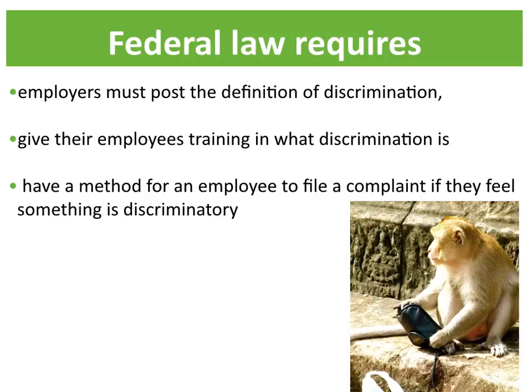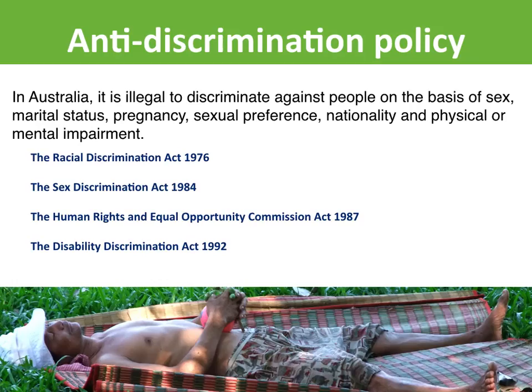So that's for staff, but it also flows over into students, because in Australia it's illegal to discriminate against people on the basis of their nationality or their cultural background in particular.